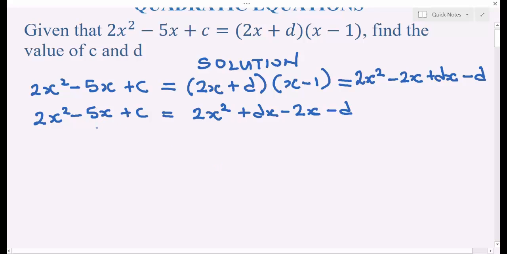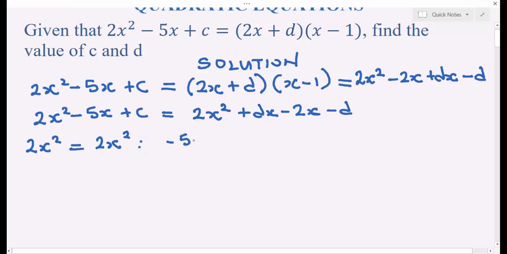So let us compare coefficients of terms in both the left and the right hand side. So we have 2x squared from the left hand side is equal to 2x squared on the right hand side. We are done with that.